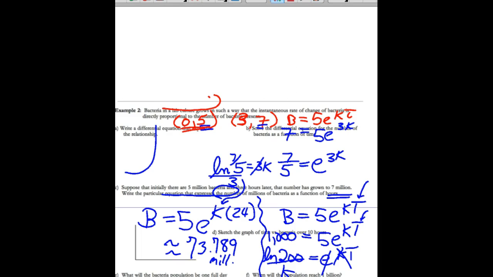If they tell you the growth factor, then they do not need to tell you what it started at because it doesn't matter. So if they tell you the population is tripling, really it doesn't matter what p sub 0 is because it's going to triple. So you really can just set 3 equal to e to the kt. Does that make sense? So if they tell you it's doubling, don't come and say, but they didn't tell me the start. They won't. If they're telling you the growth factor, you don't need to know the start.